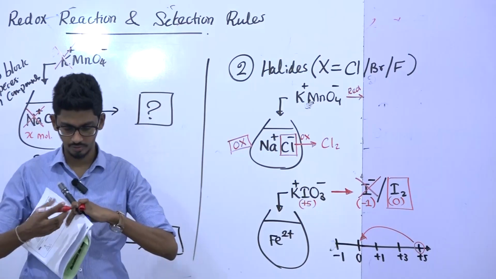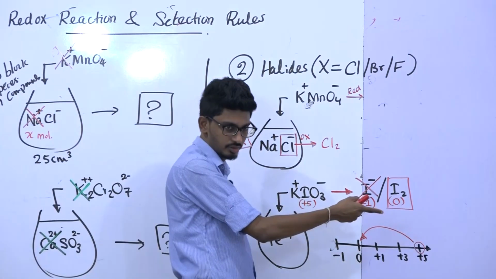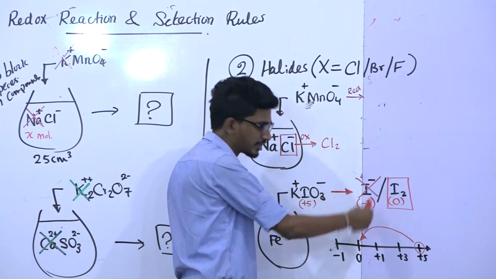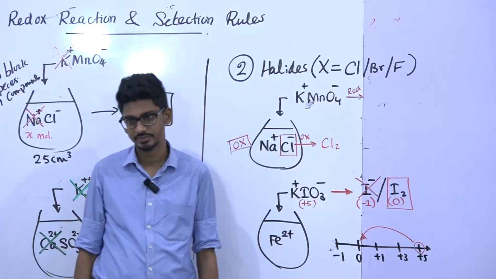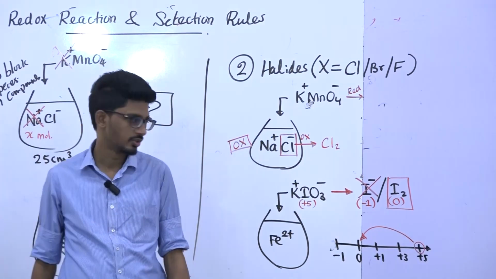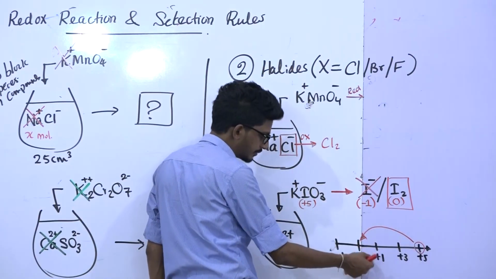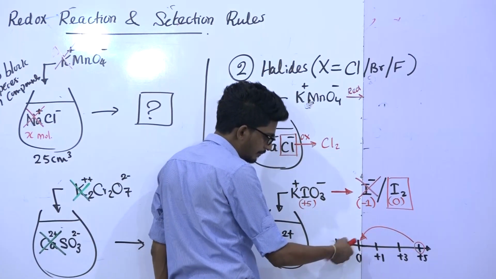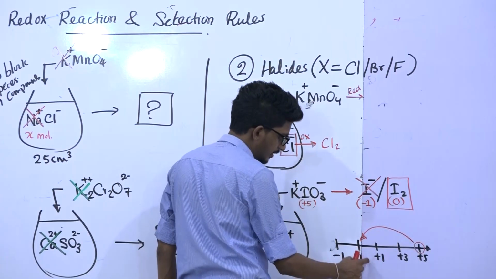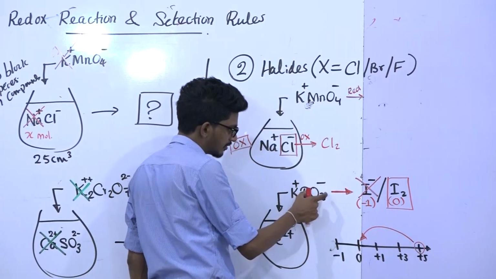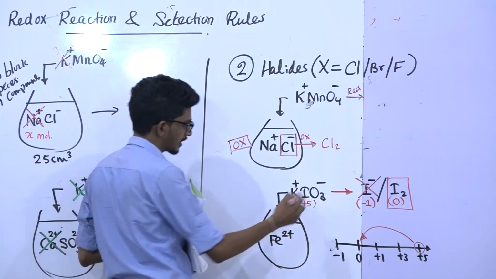Always prefer the X2 form or the X minus form. If both forms are available, choose the closest oxidation state possible when doing the change. From +5 first you get to 0, and only after that you get to -1. So, IO3 minus will go towards I2, that is a reduction.